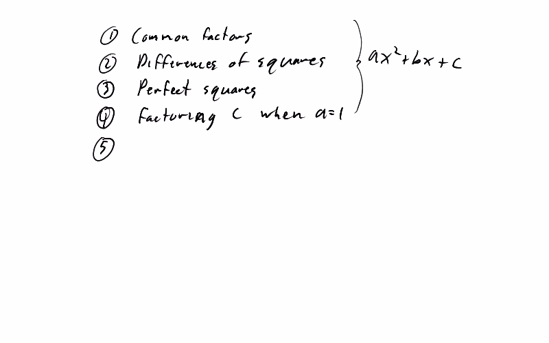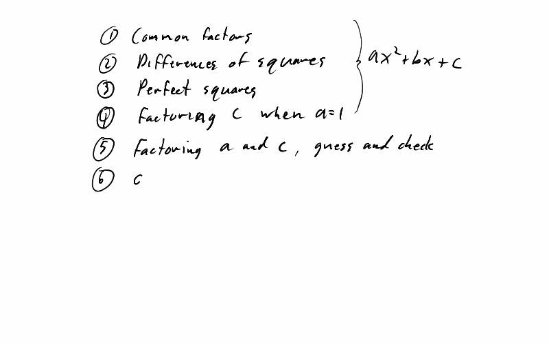The fifth method was factoring A and C and then doing guess and check. Works nicely in certain cases, but not in others.